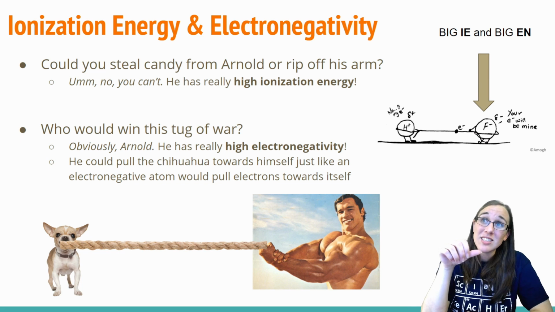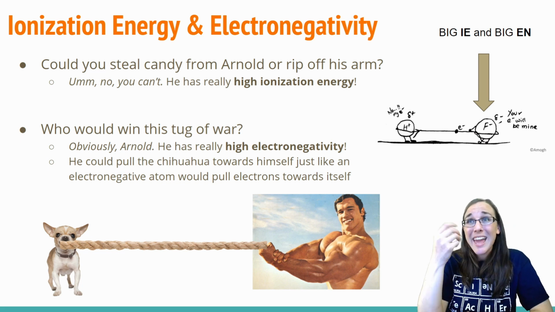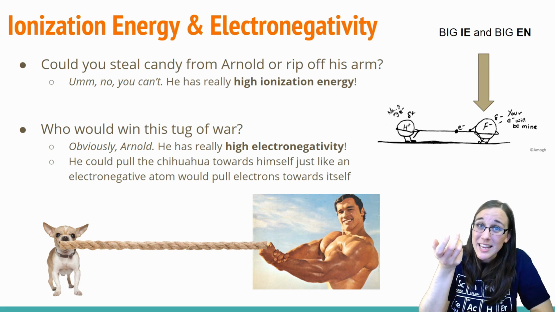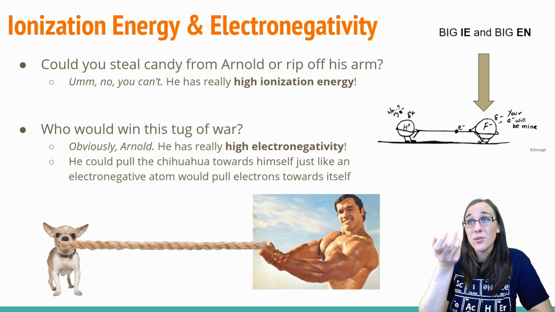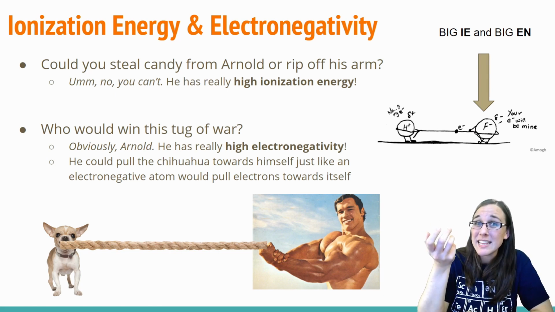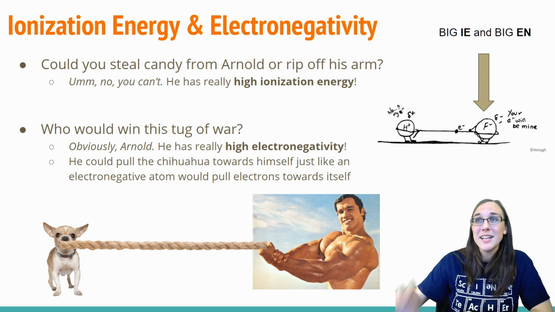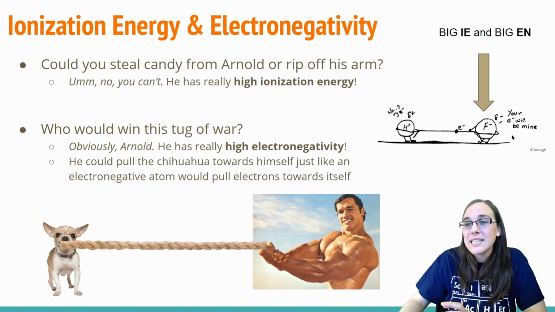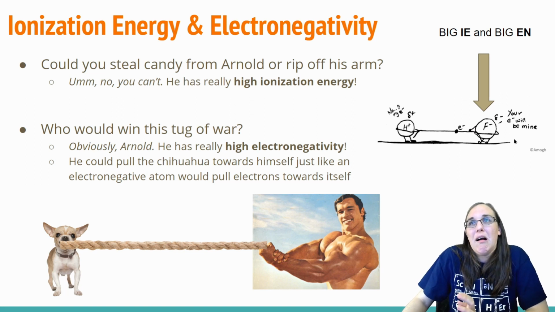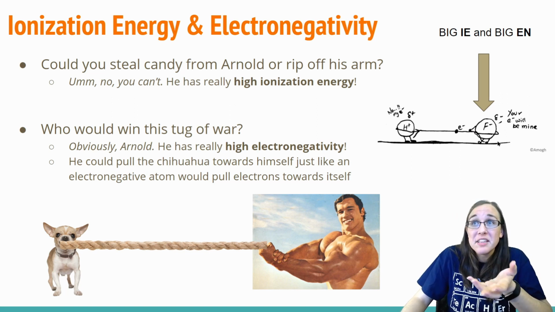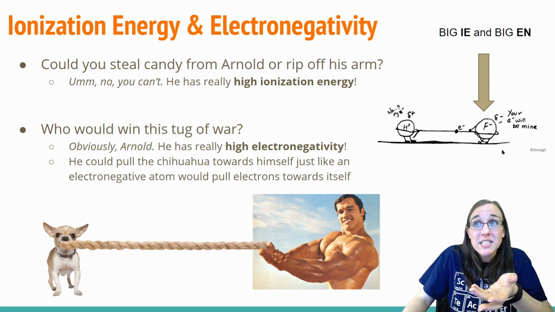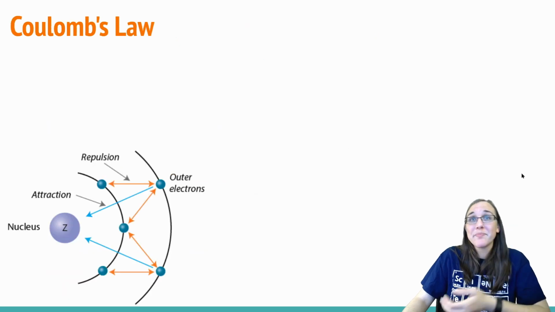Hydrogen is on the other side of the periodic table, and although it also has a small atomic radius, its electronegativity is not anywhere near fluorine's, and that means that fluorine is more aggressive in stealing the electrons from hydrogen. Hence the reason why hydrogen's like, no, not my electron, and fluorine's like, your electron will be mine, ha ha ha. So fluorine is the bully in this case. You can kind of think of high electronegativity as bullies. They're going to steal electrons from anybody.